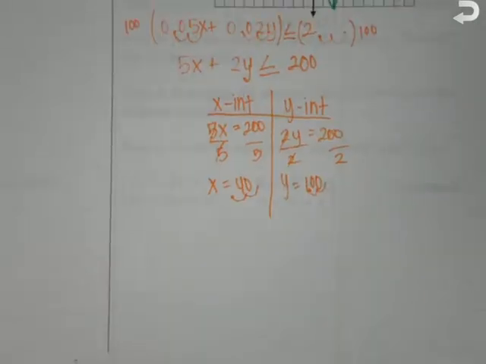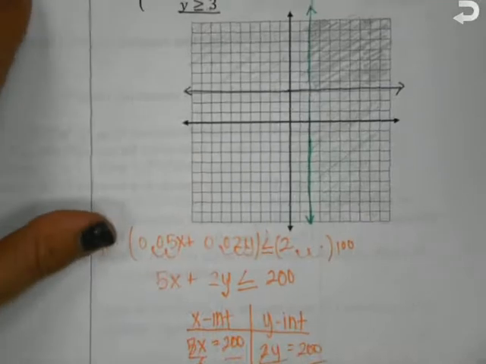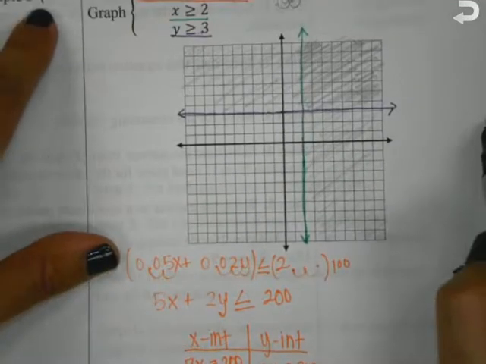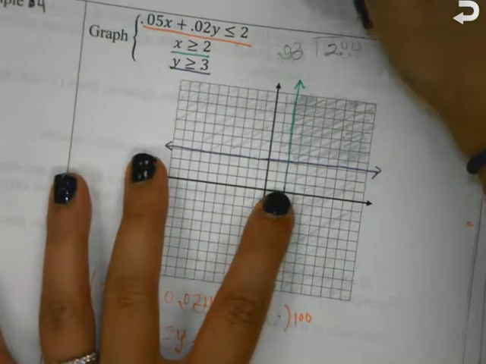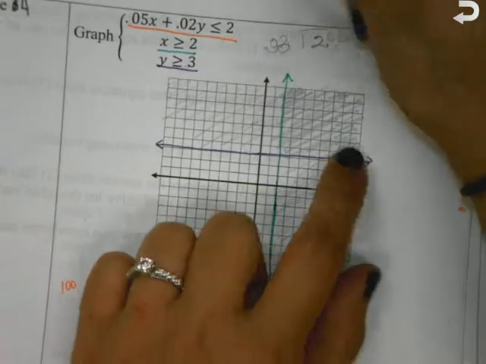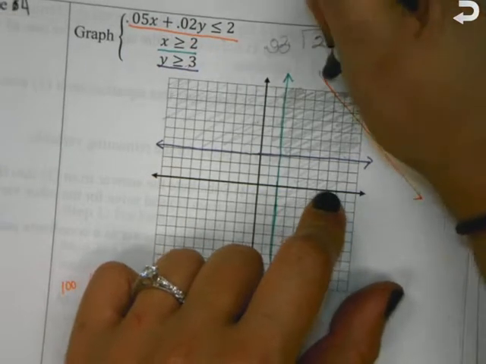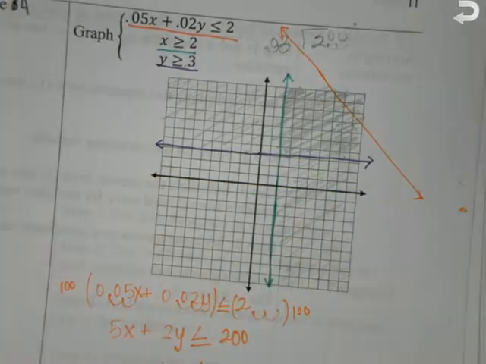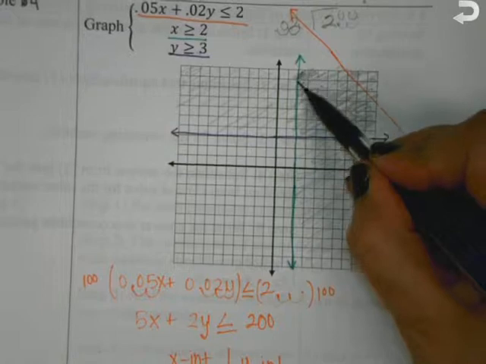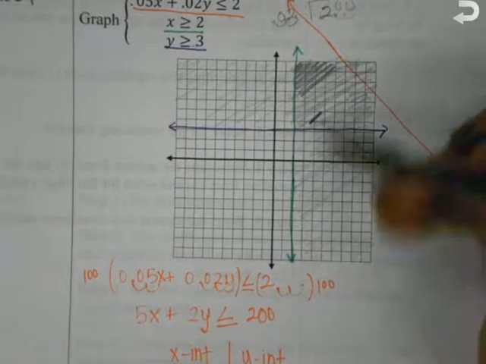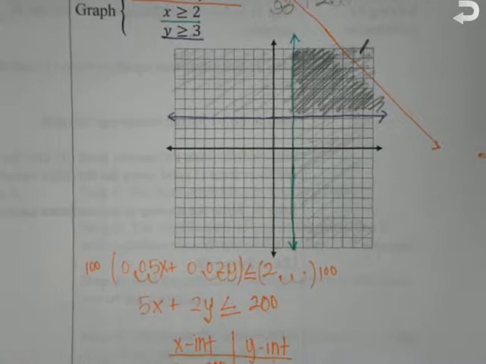So that's going to be something all the way out here, something all the way up here. Basically, our line is going to be, I don't know, I'm just going to draw something like this. And it's less than, right? So our answer is basically going to be everything below that orange line, but between the 2 green and purple lines. So our answer is going to be somewhere in there, but below the 2 lines.